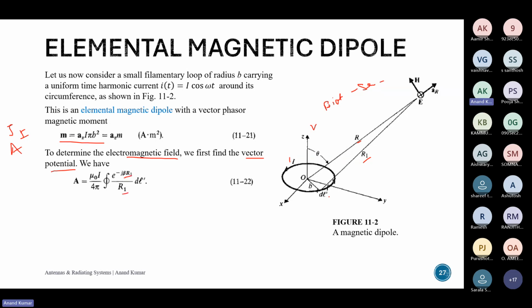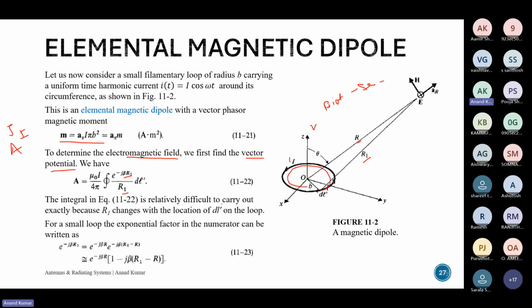Notice we have r1 over here. Now this r1 is actually changing for all points on this loop. So we'll approximate r1 in such a way. We assume that this particular loop is very small and this b is very small. So this r minus r1 term can be given as j beta r minus j beta r minus r1.